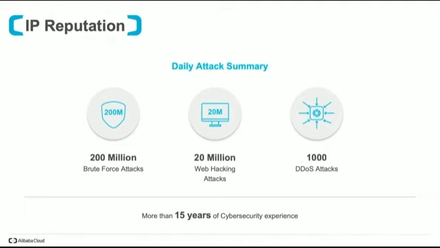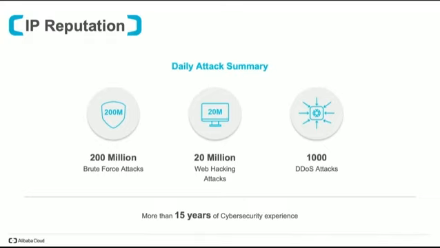For the IP reputation part, every day this data is from our network. Every day we're getting about 200 million brute force attacks, 20 million web hacking attacks, and then 1,000 DDoS attacks. So there is a good variety of information that we have in terms of security.